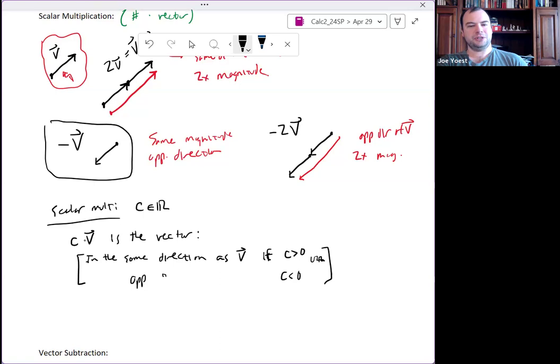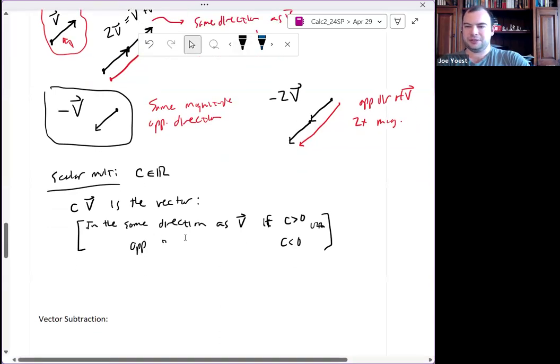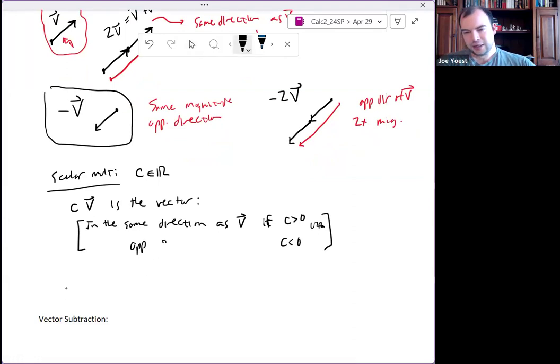So if I'm going to say what cv bar is, if it's a vector, I have to describe its direction. This direction is the same if c is positive or opposite if c is negative. And I have to describe its magnitude.